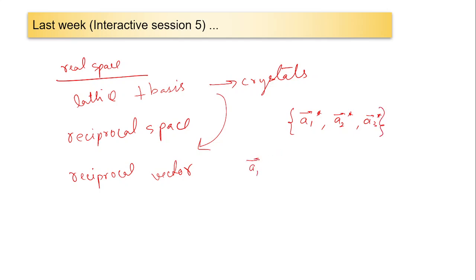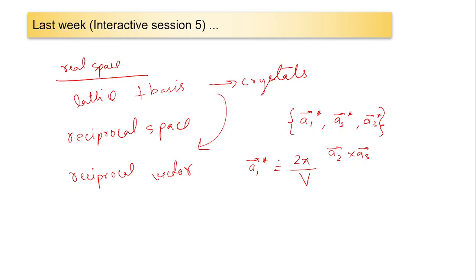Sometimes we keep this 2 pi and sometimes not, and this is the formula, where a2 and a3 are translation vectors, or lattice vectors, of real space. So if we know the lattice vectors in real space, we can get the reciprocal vectors in reciprocal space.